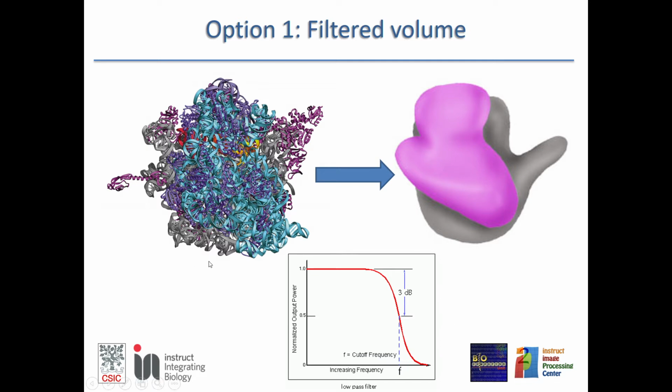So when I low pass filter it to very low resolution, like 60 angstroms, what I'm keeping is just the overall shape. We are losing absolutely all details, but the size is the correct one. The overall shape is more or less correct, and typically this is enough to lead the optimization process.